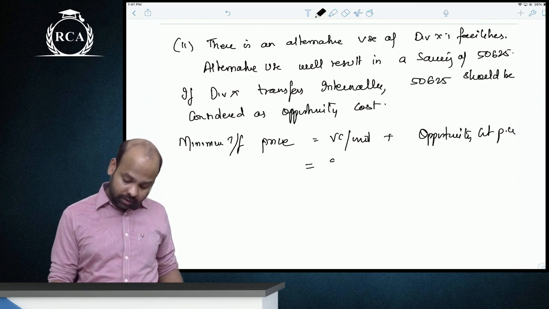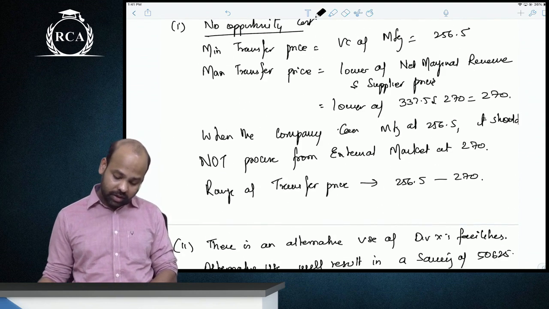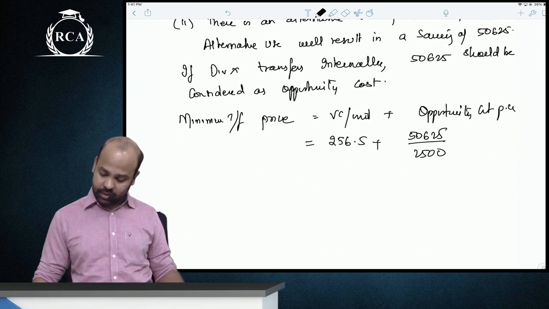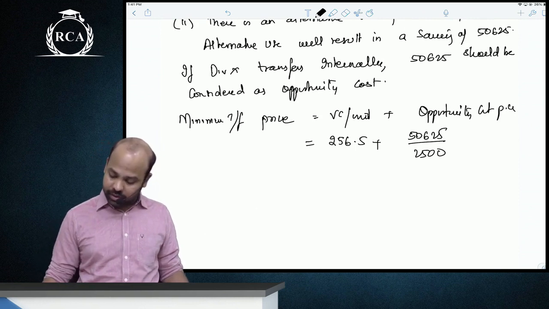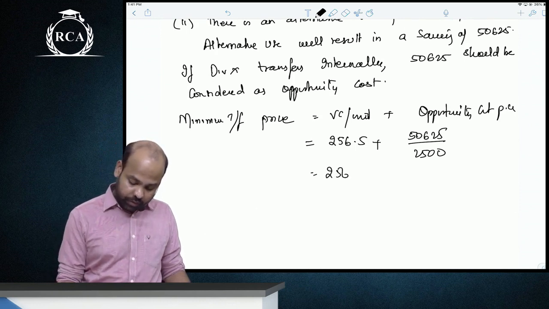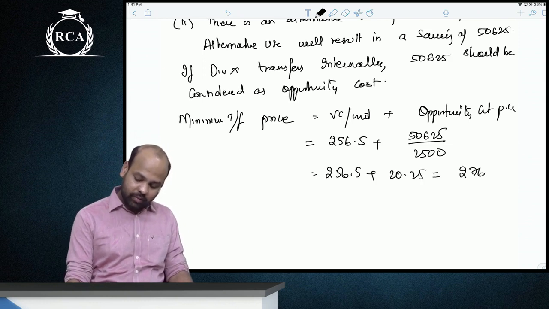So here this is 256.5 plus 50,625 divided by 2,500 units. So 256.5 plus 20.25 is 276.75.